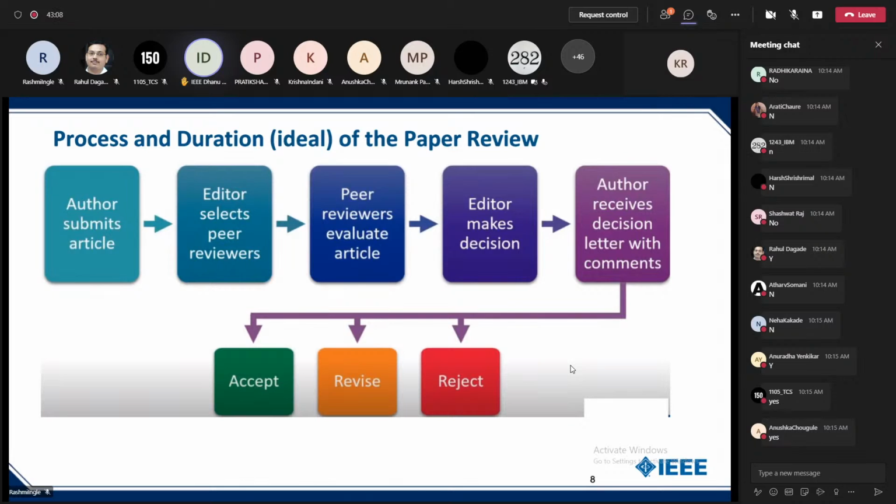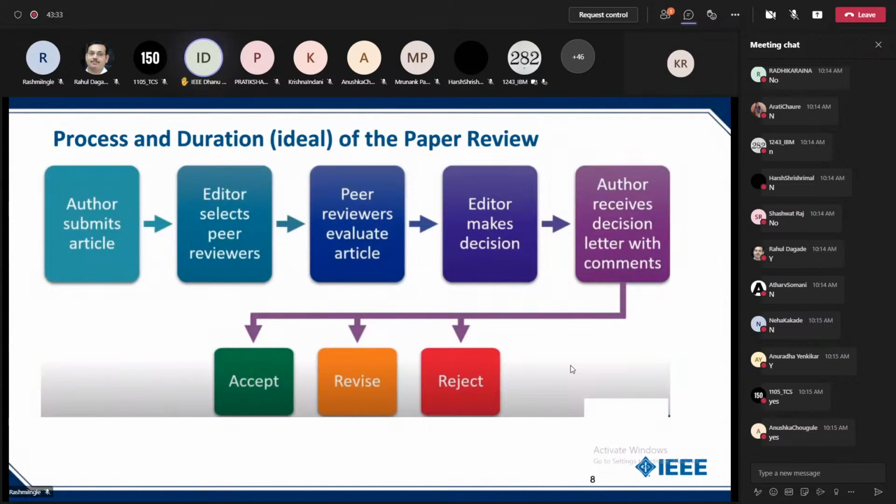We also look at whether the author's name is available in the database or not. But I really don't want to scare anybody here. IEEE per se encourages publishing. We want people to publish, we want people to share their discoveries and their research, and we want them to share in a proper manner.